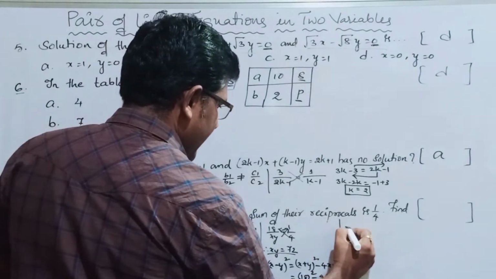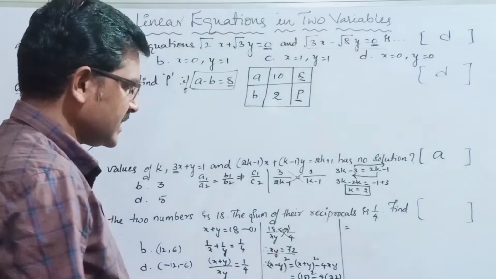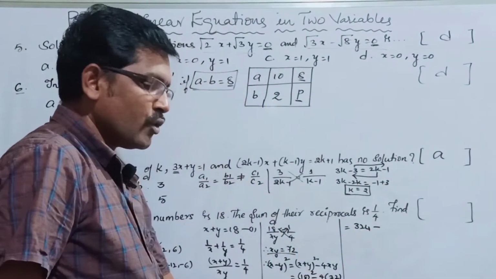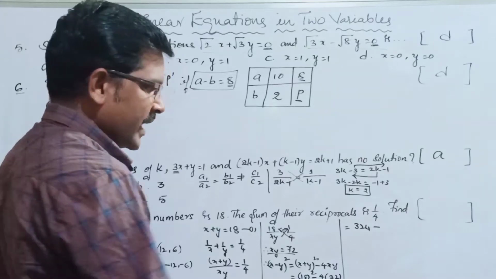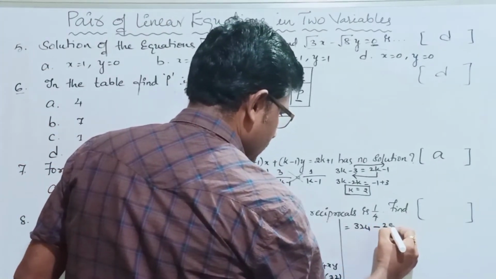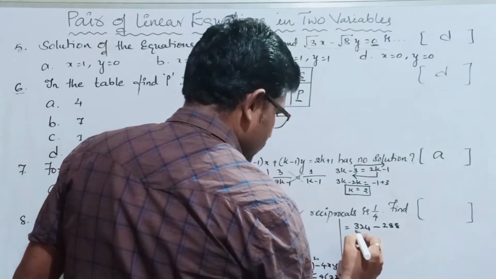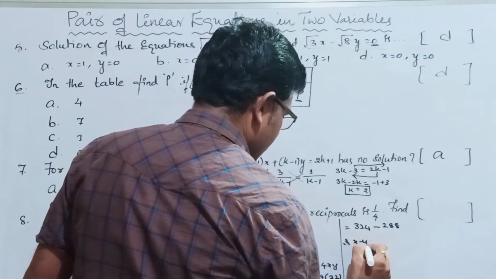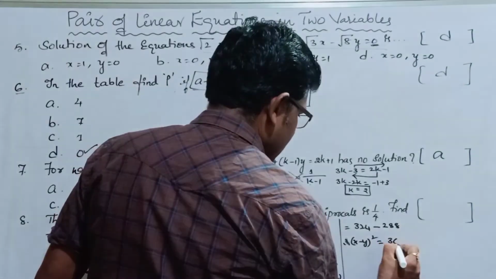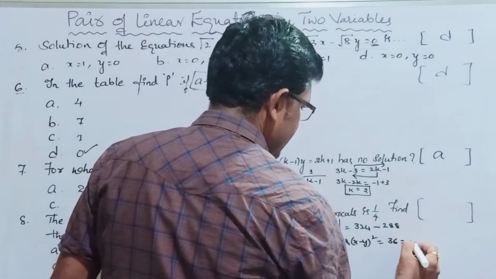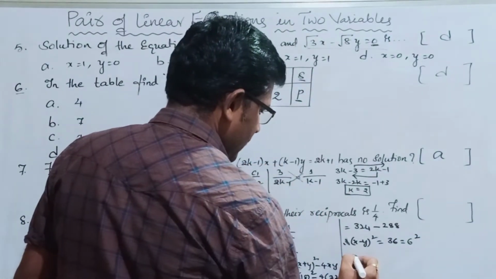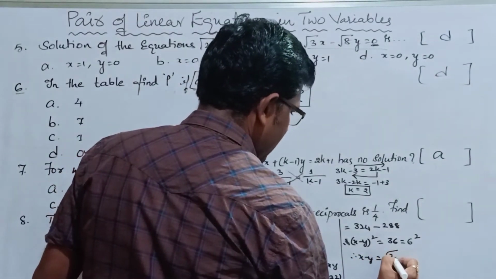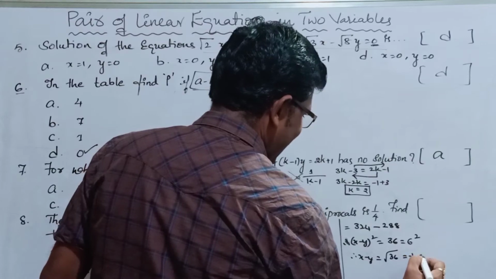So 18 eights are 324 minus 4 into 72, 288. So 324 minus 288. Therefore x minus y whole square is equals to 36. Therefore x minus y is equals to under root of 36, that is equals to plus or minus 6.